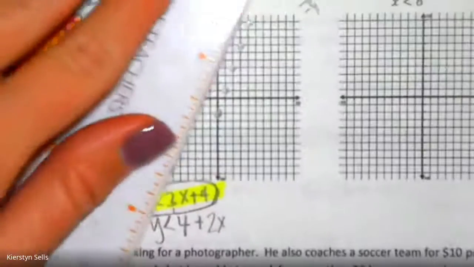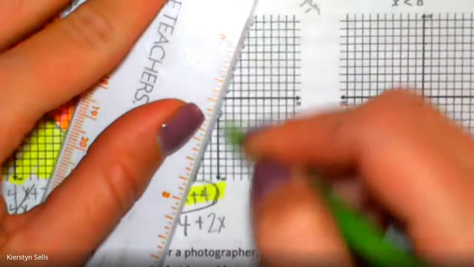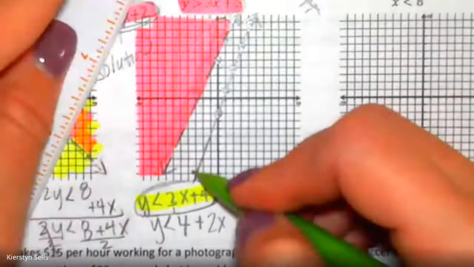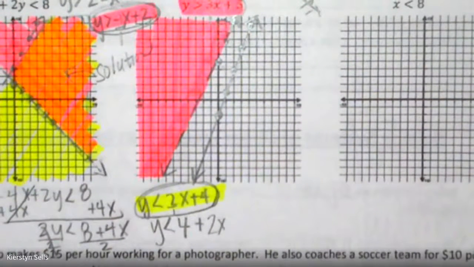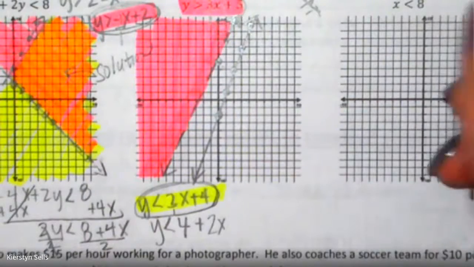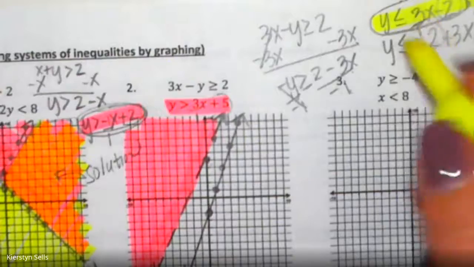So when I connect these dots with my solid line, this one's solid, right? Yep. Am I shading above or below? Is it less than or greater than? Less than. So it's below.